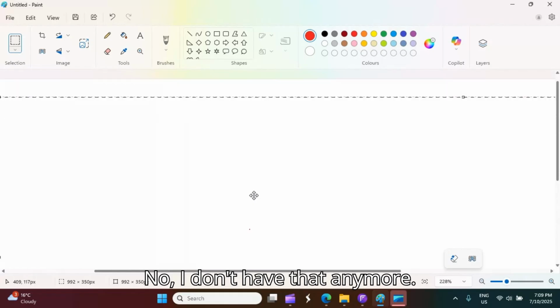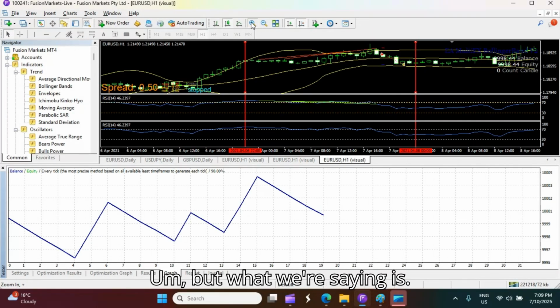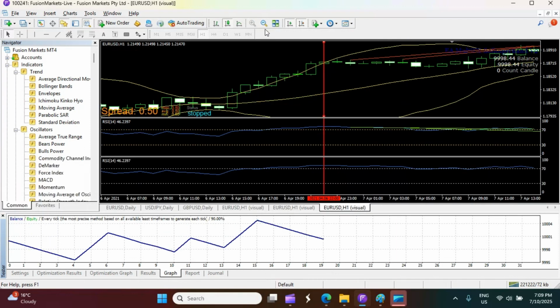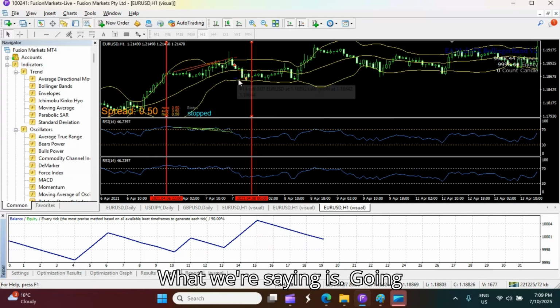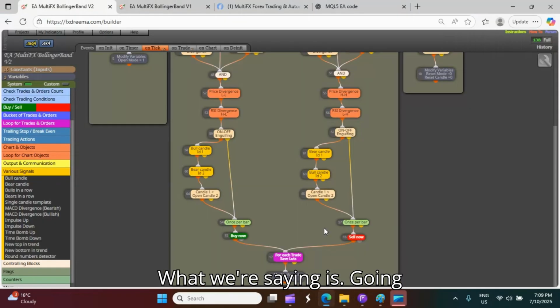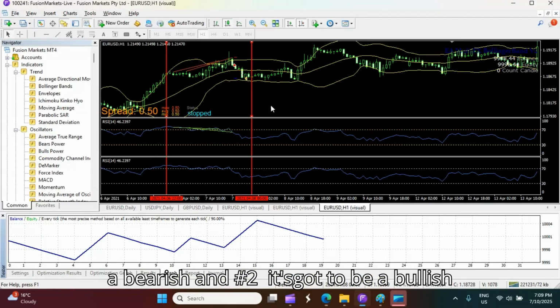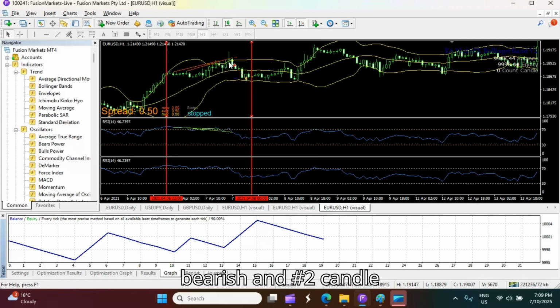No, I don't have that anymore. But what we're saying is, on the sell side, going back to here, number one has got to be a bearish candle, and number two has got to be a bullish candle. So number one over here is bearish, and candle number two is a bullish candle, and then we took the trade on the downside.